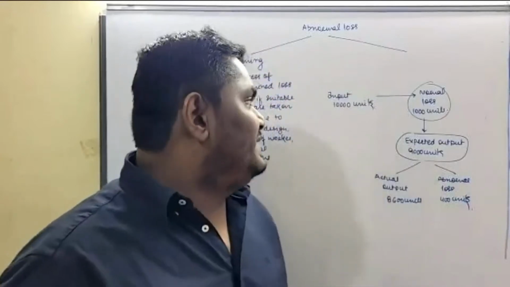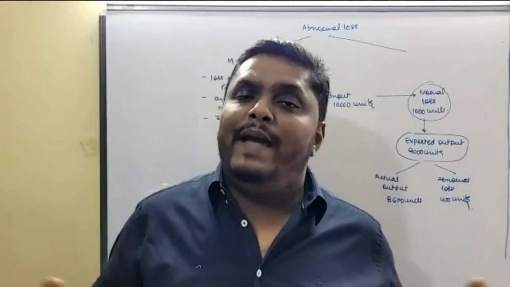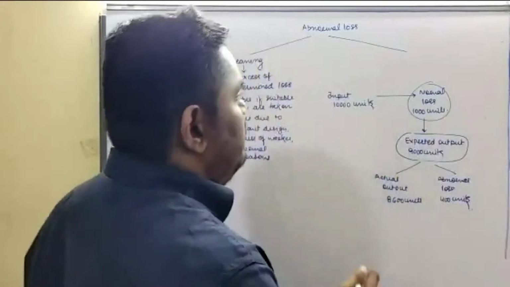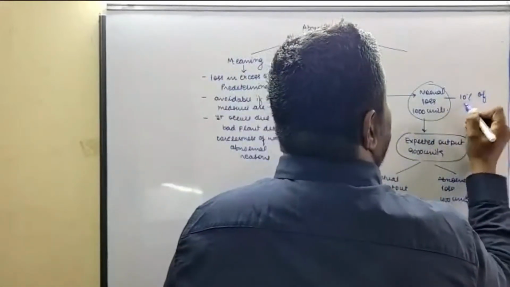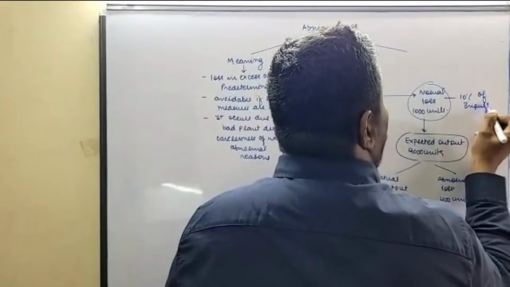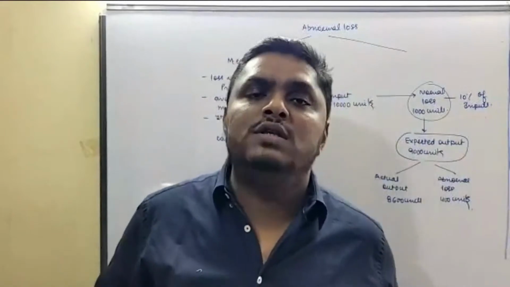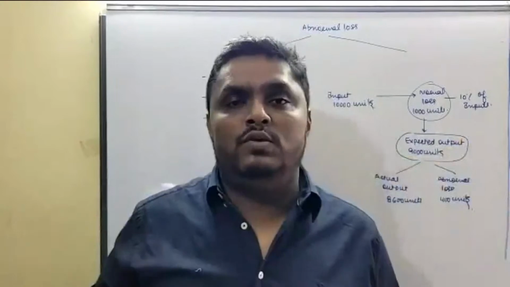So I repeat again, guys, my input was 10,000 units. As predicted by management well in advance, there will be a normal loss of 10% of input, assuming normal loss is 10% of inputs. So we expected well in advance that there will be a loss of 1,000 units and my expected output will be 9,000 units only.